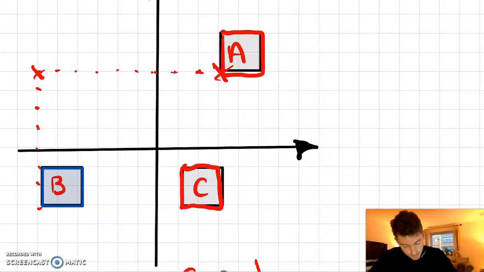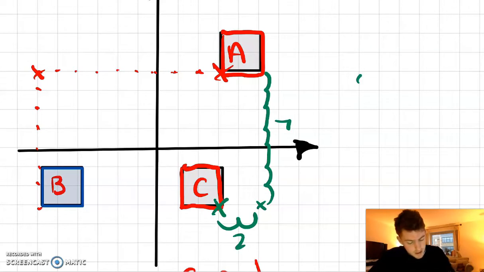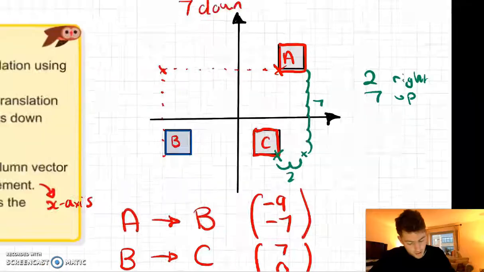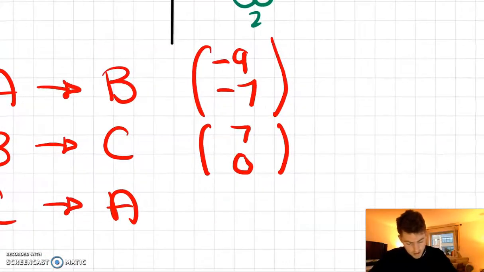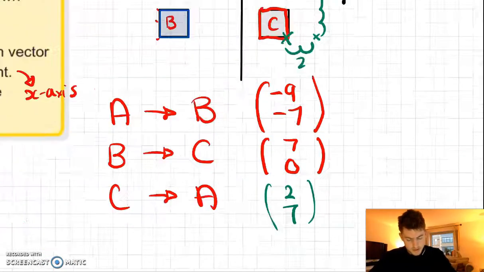We can see that if we were to pick a point, we go 1, 2 along, and then 1, 2, 3, 4, 5, 6, 7 up. 2 to the right, 7 up. They're all positive, and there we are. 2 to the right and 7 up.